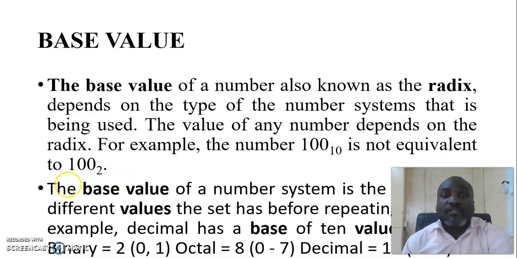The base value of a number system is the number of different values a set has before repeating itself. For example, decimal has a base of 10 values, from 0 to 9. Binary has 2, from 0 to 1. Octal has 8, from 0 to 7. And decimal has 10, like we said earlier, from 0 to 9.